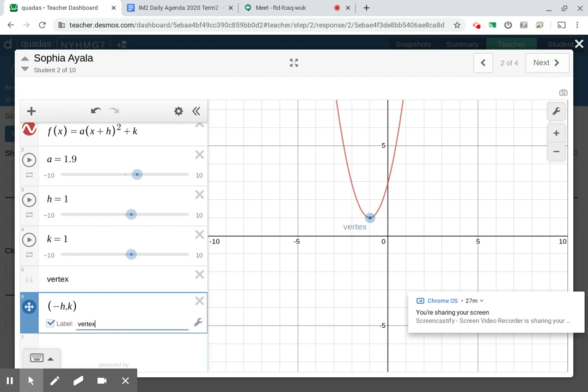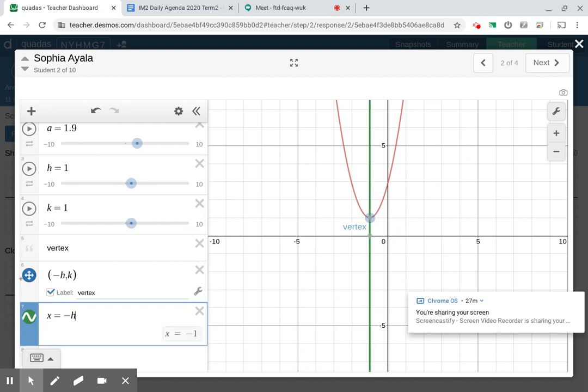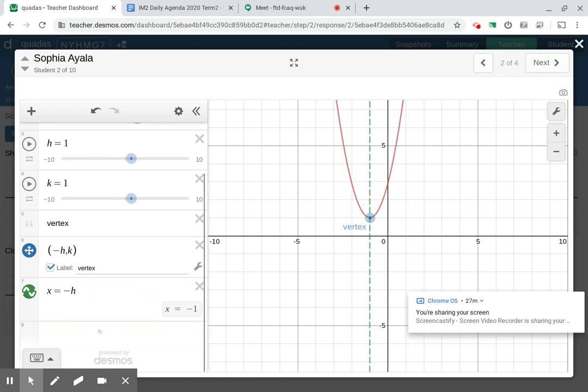What's our axis of symmetry? The vertical line x equals what? Isn't it just going to be negative h? And then go ahead and make it dashed. What's the y-intercept?